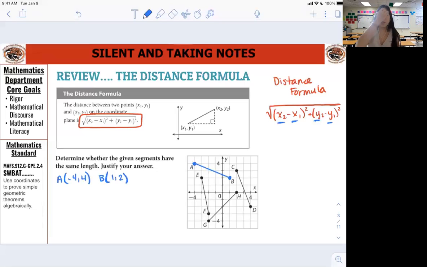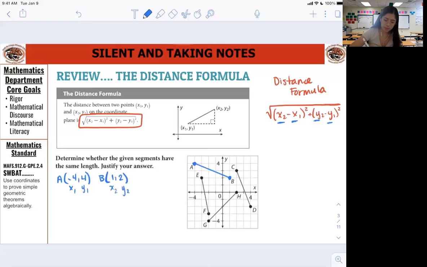Doesn't matter which order you do it in, but just make sure that whatever is your x1, then its partner has to be y1. If you decide that this one's x2, then its partner has to be y2. Just make sure you keep it consistent. And we're just going to go ahead and plug it all in.